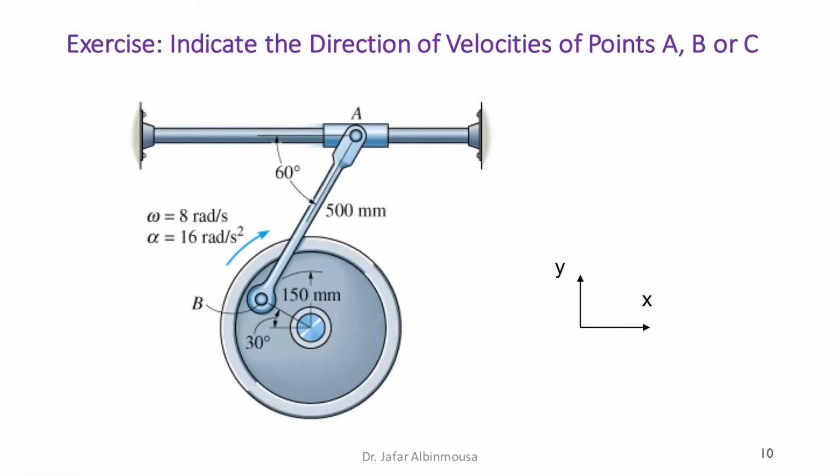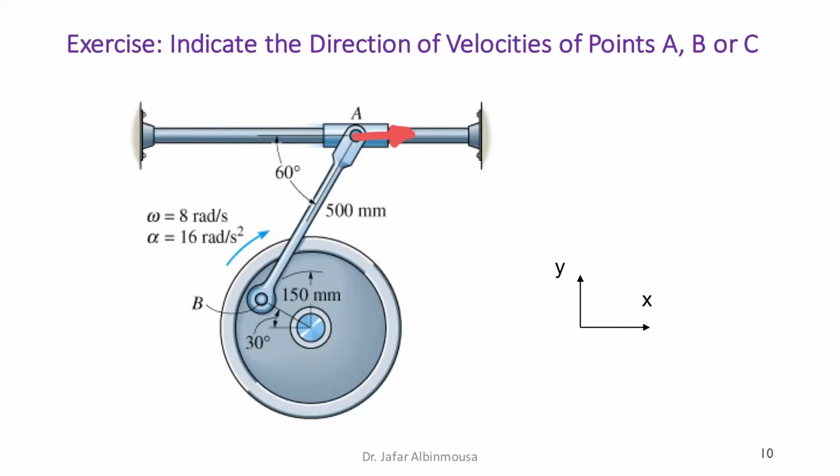Here we will have several exercises on how to determine the direction of velocities, like at point A, B, or C. So in this example, point A right here is translating along this line. So as you see, A can have a velocity direction like this, or in the opposite sense.